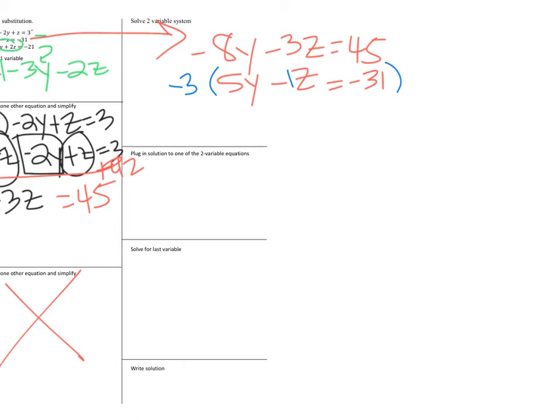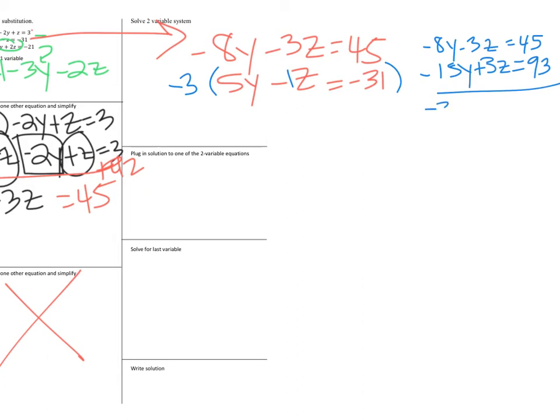So then I'm still going to have negative 8y minus 3z equals 45 on my top equation. Here I'm going to have negative 15y, positive 3z, and a positive 93. And with elimination, you add down.